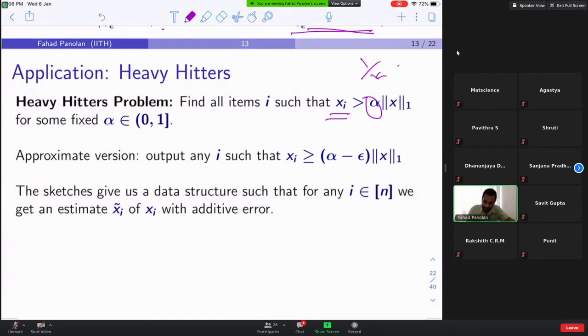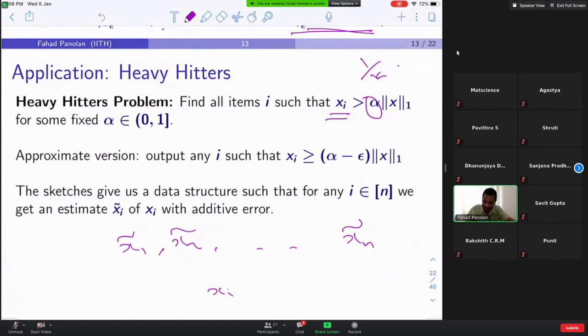So I can apply count min sketch and I will get x1 tilde, x2 tilde, up to xn tilde.